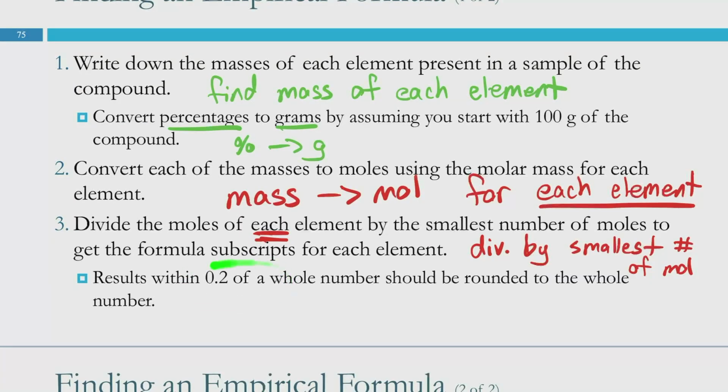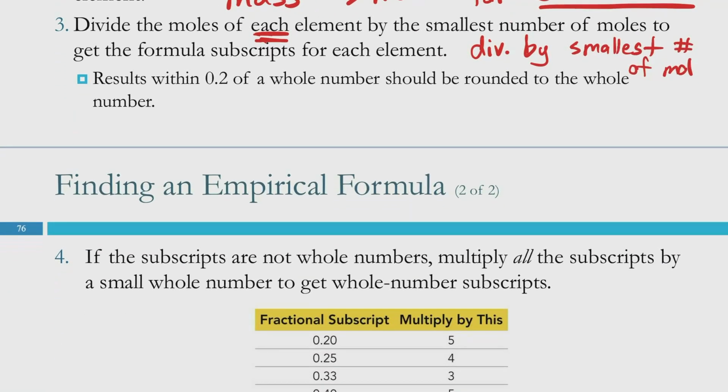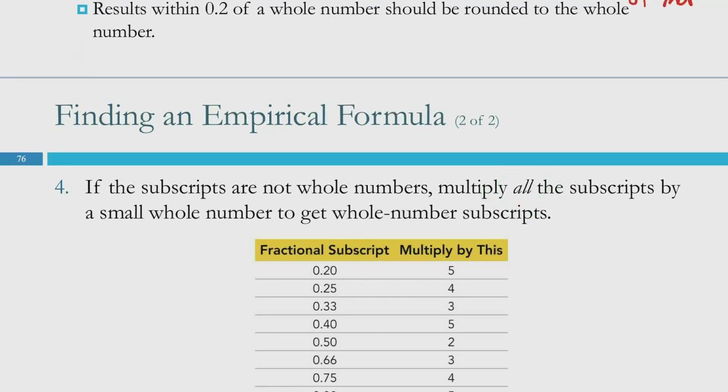And then depending on your circumstances, you might be able to get away with rounding things that are about 0.2 off from a whole number, just to the nearest number. If you have subscripts that are not whole numbers, this is the fun part, then you get to multiply all the subscripts, every single one of them, including the 1, by a small whole number to get whole number subscripts.